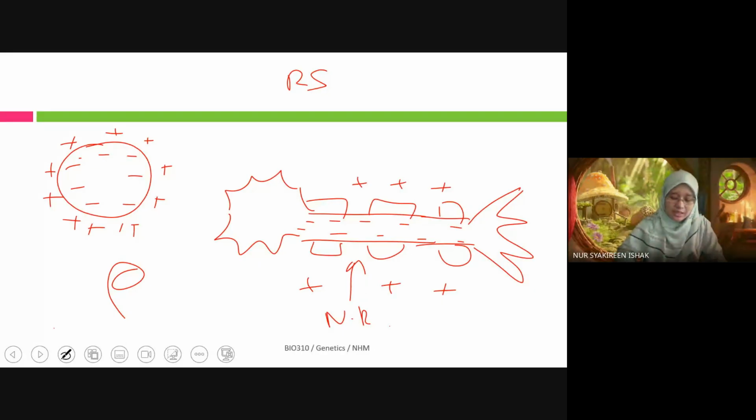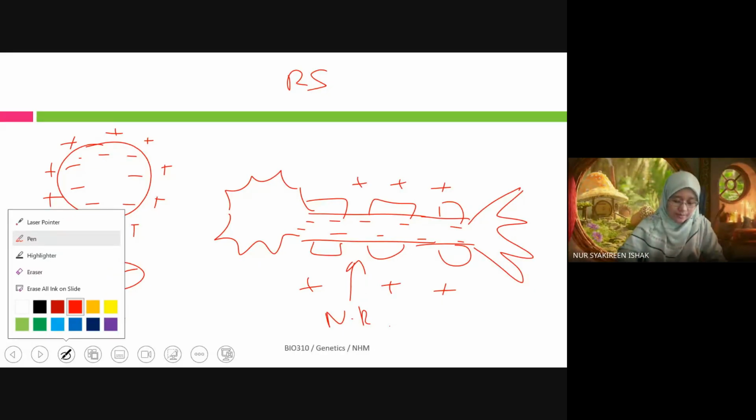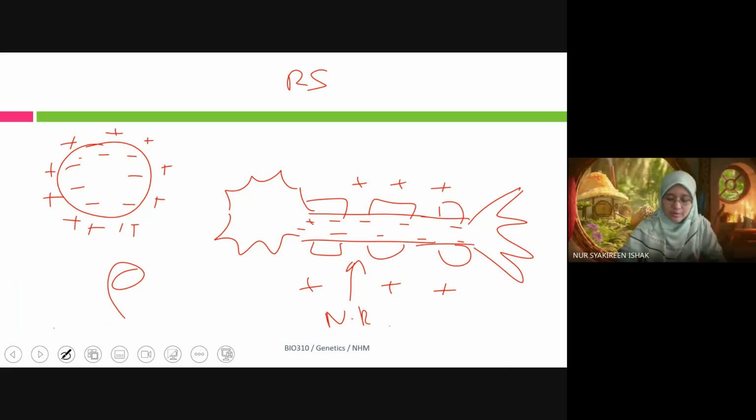The charge inside has to change from negative to positive, and outside it changes from positive to negative. So this is when the neuron is stimulated and generating an electrical impulse.